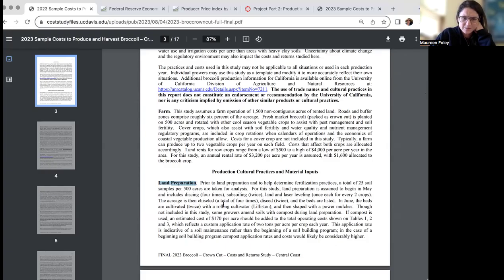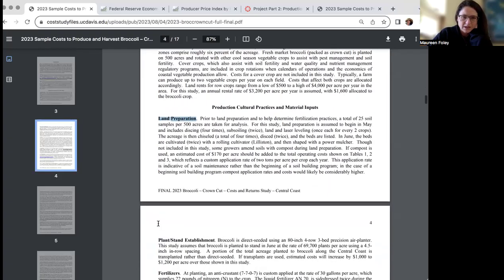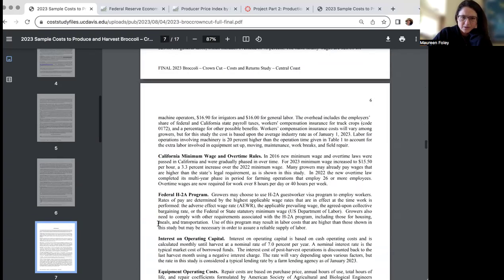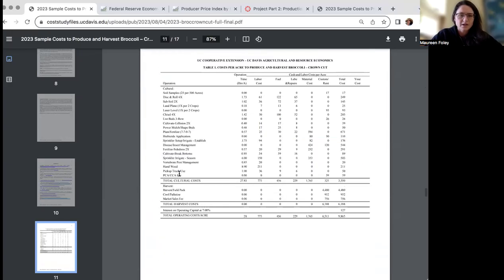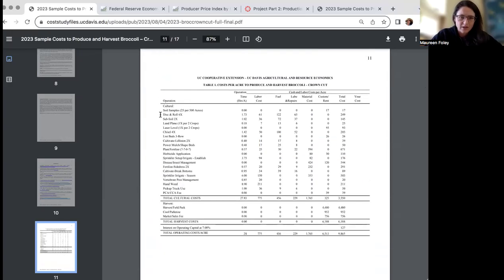And this tells you what items are included in land preparation. And you don't necessarily have to know what each of these means. If you would like to research them or ask me about them, you're more than welcome to. So yeah, that tells you what of these costs are land preparation.